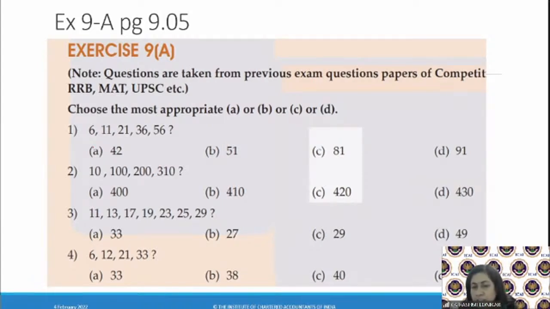Like if this is 6, 11, 21 and you're writing it somewhere else, while writing also you may make a mistake. When you have a full length question paper, there is no such problem, you have a whole answer sheet, but here you will have very little space to make your rough page. So that is why it is important that such sums you try and solve where the question is itself.